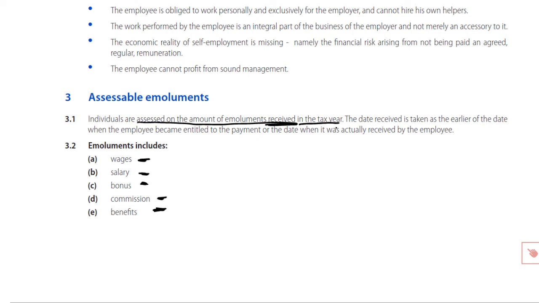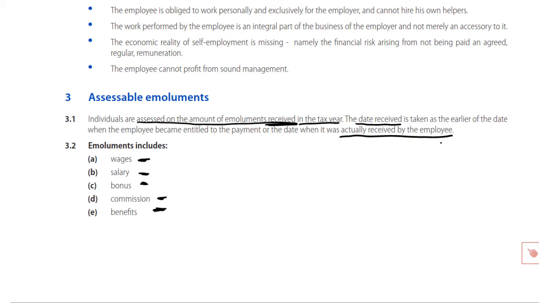Now there's just one little issue to watch out for in terms of the language used. You might think that the date received is very obvious: it is the date when you, the employee, actually received it.